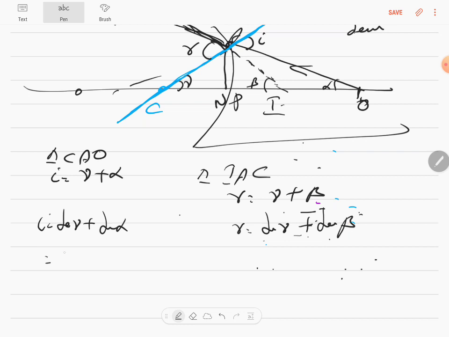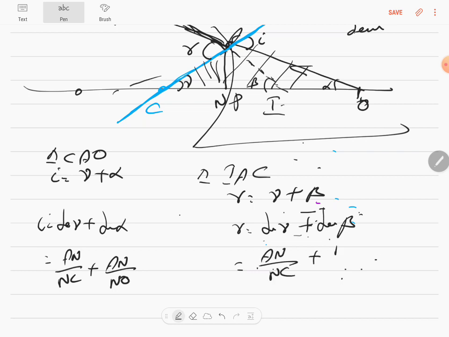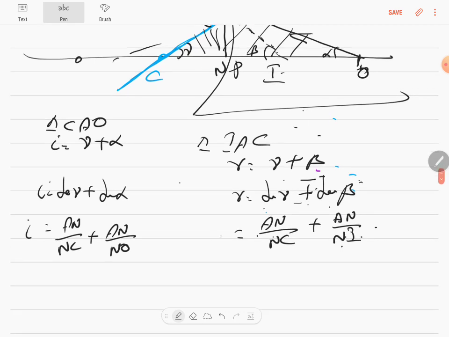What is tan gamma? Tan gamma from this triangle is AN by NC, plus tan alpha from this right-side triangle is AN by NO, right triangle. Then tan gamma again is AN by NC, plus tan beta is AN by NI. Take the respective right triangles and write what is i and r.